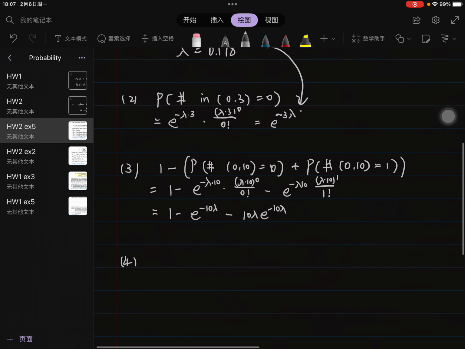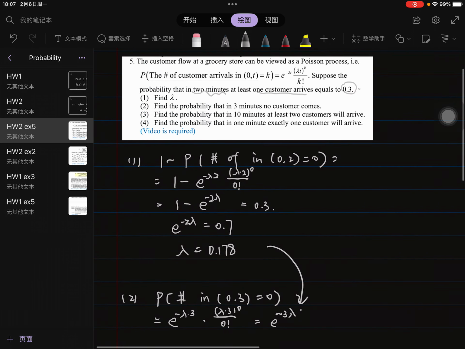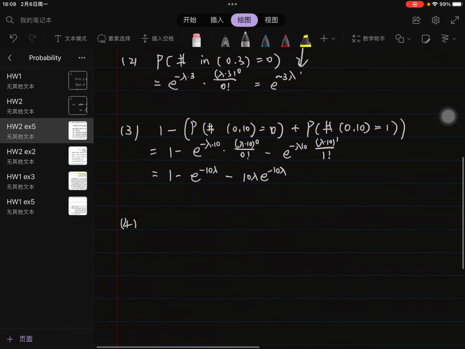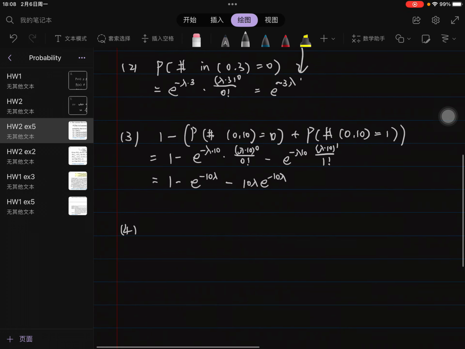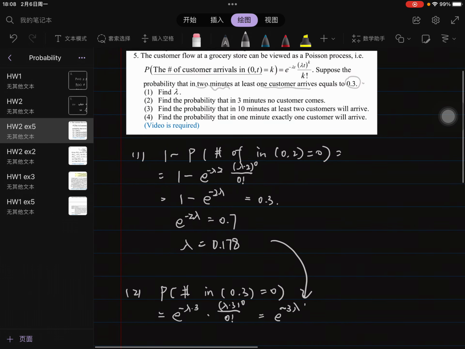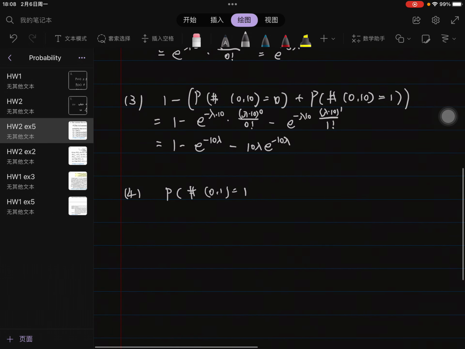For the last question, we want to find the probability that in 1 minute exactly 1 customer will arrive. So that is quite simple, right? Here it is the number of customers in 1 minute, and just 1 customer arrives.